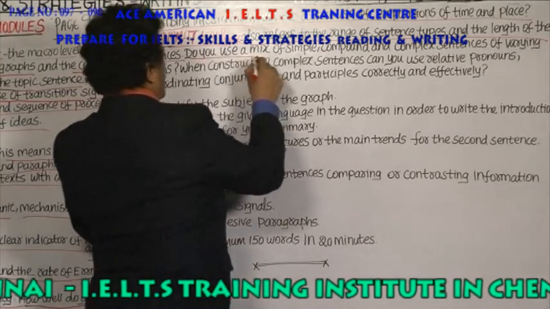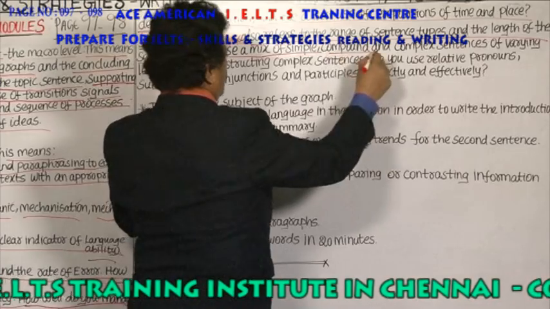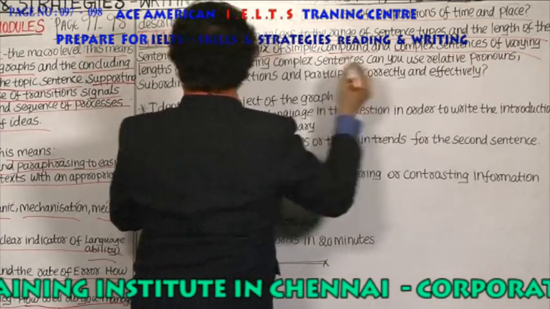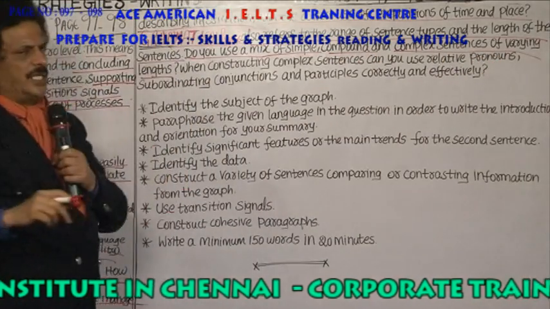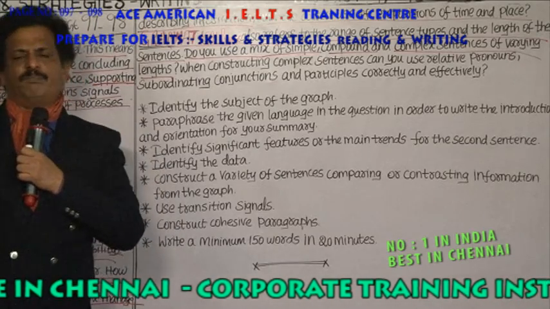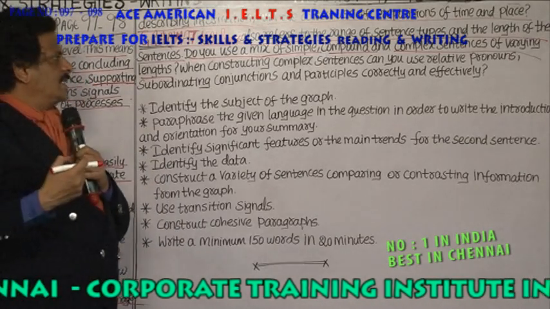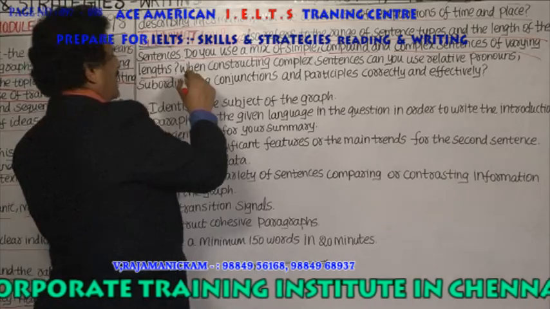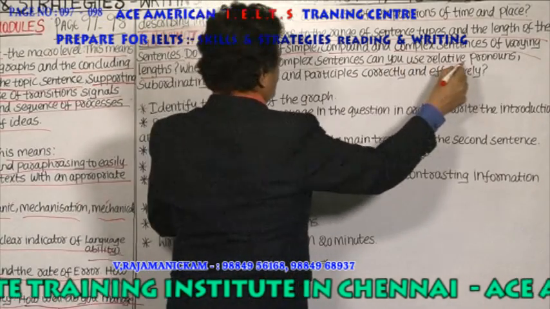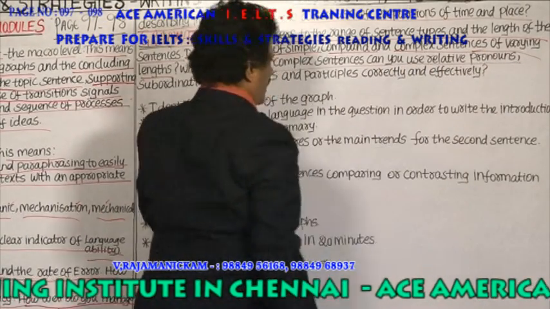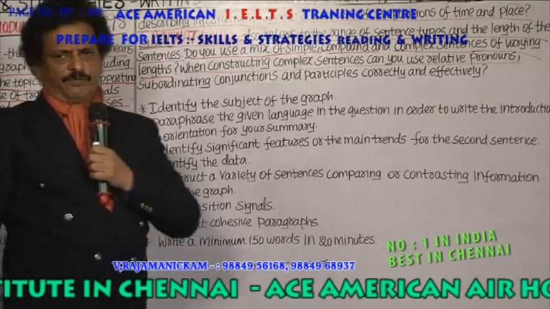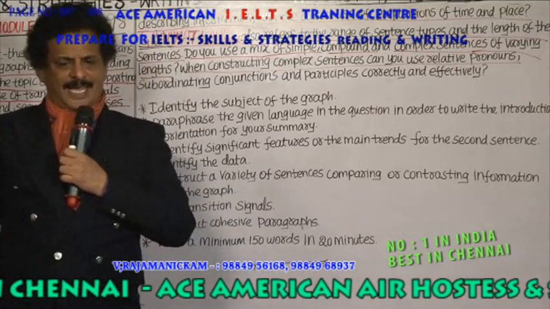Do you use a mix of simple, compound and complex sentences of varying lengths? The usage of simple, complex and compound sentences tells about the grammatical range. When constructing complex sentences, can you use relative pronouns? What are the relative pronouns? When, which, where, this, that.